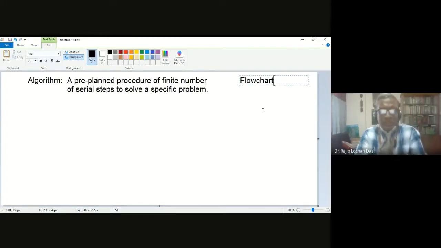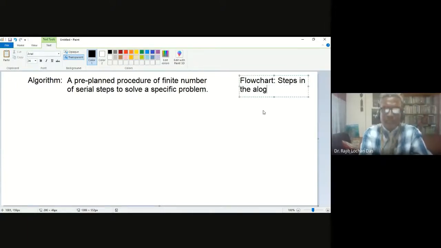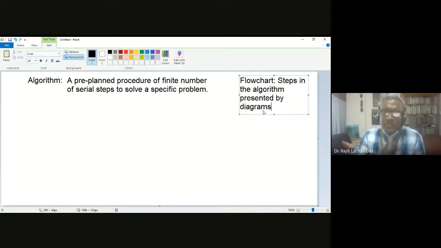Is that okay? Yes, sir. Okay. Steps in the algorithm presented by diagrams. That's it. So this is flowchart. There is nothing new to understand. You already know all this. You have done it. So this is our next topic.